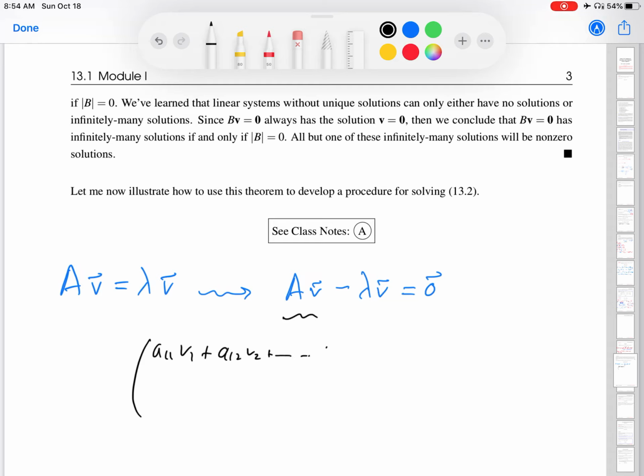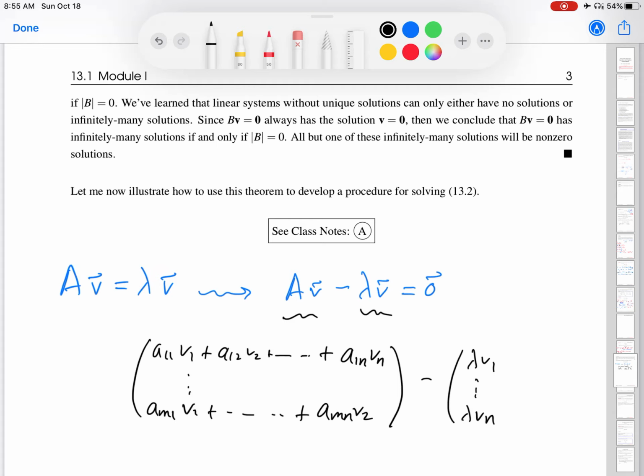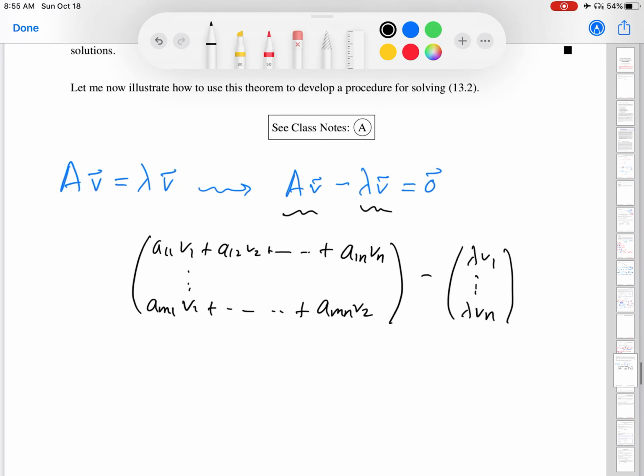So I'm just writing out here the result of multiplying a matrix A times a vector V. We've done this a few times in the course now, so I'm skipping the intermediate details. If I were to write this part out, it would be lambda V1 all the way down to lambda Vn.